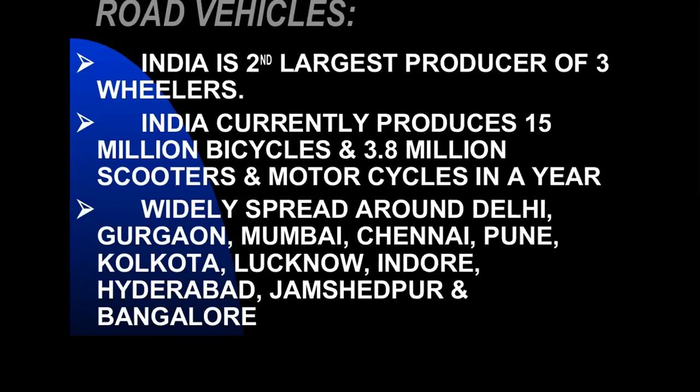And our country is the largest producer of three-wheelers. They are widely spread around Delhi, Gurgaon, Mumbai, Chennai, Pune, Kolkata, Lucknow, Indore, Hyderabad, Jamshedpur, and Bangalore. These are the places where the road vehicle making factories and shops are there.